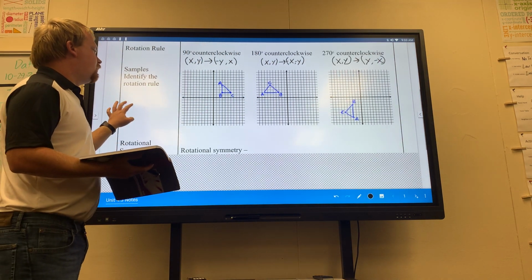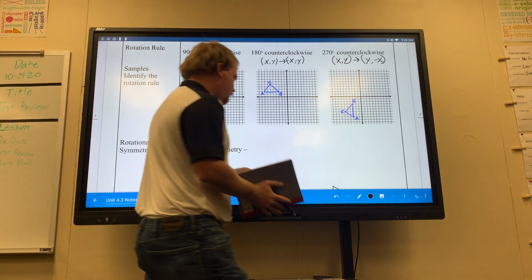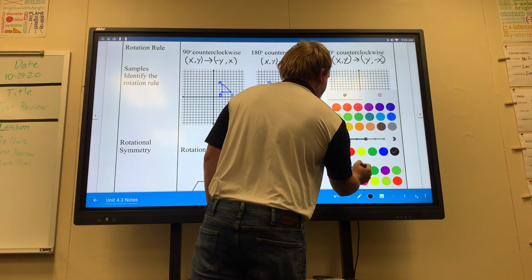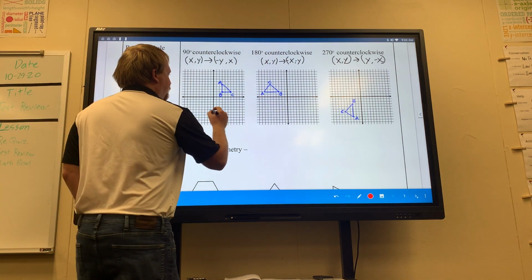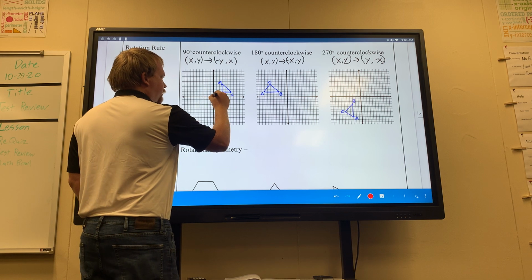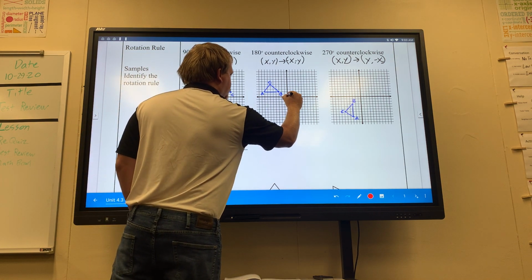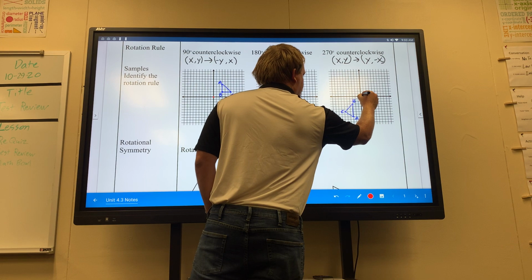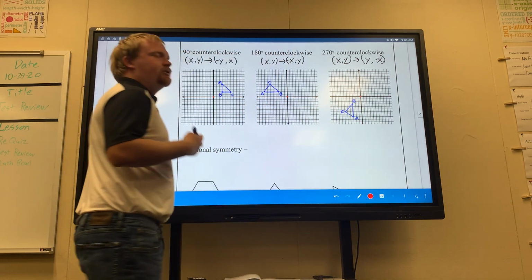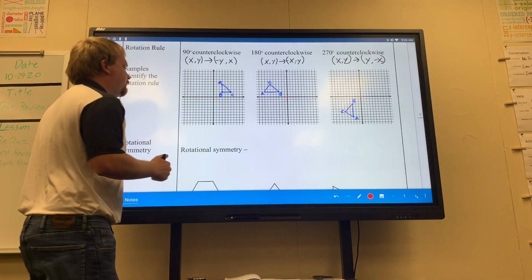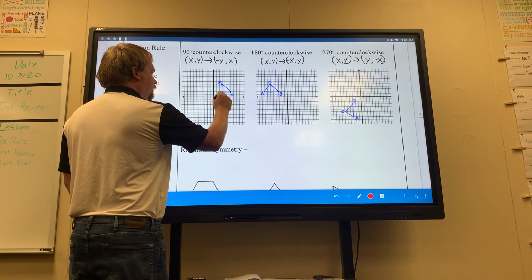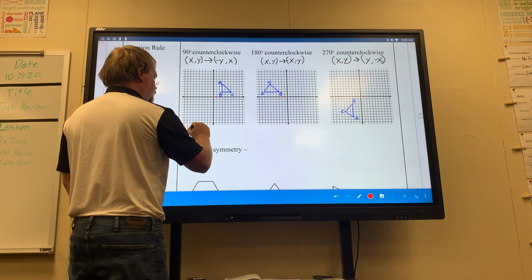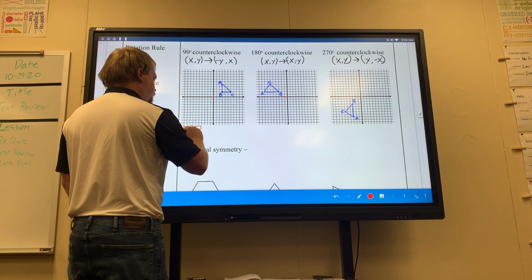Okay? Now, it will probably be easier for us to actually write down the points and then plot them accordingly. So, my center of rotation for all three of these is at the center, the origin. Okay? So that's always going to be my rotation. Now, for point A, that's going to be 1, 2, 3, 1, 2, 3, 4, 5. So my point is at 3, 5. B is at 2, 3.